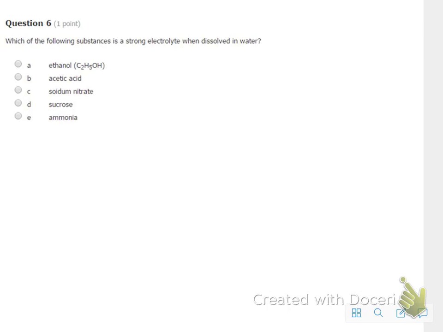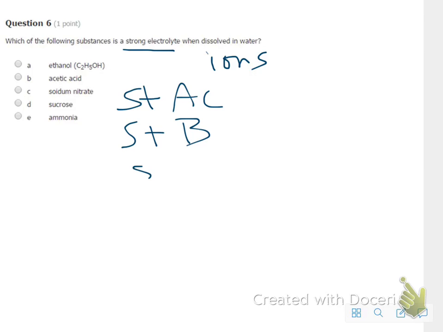Which of the following substances is a strong electrolyte when dissolved in water? So a strong electrolyte is anything that completely forms ions in solution, completely ionizes. And what completely ionizes are strong acids, strong bases, and any soluble ionic compounds. Okay? Soluble.